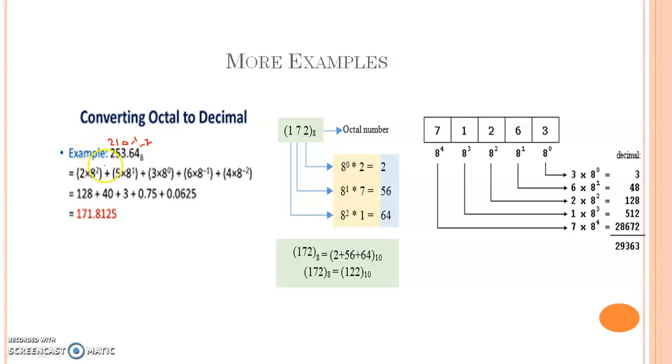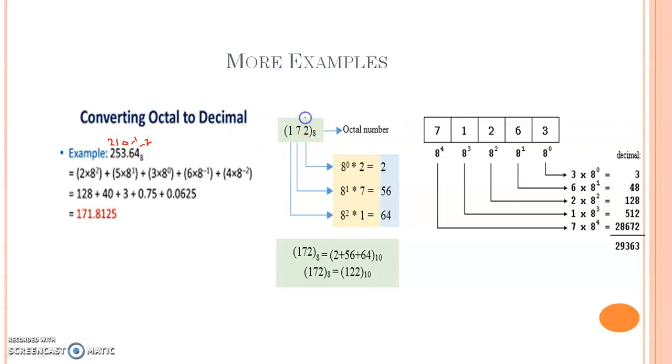You have to multiply 2 into 8 raised to 2 plus 5 into 8 raised to 1 plus 3 into 8 raised to 0 plus 6 into 8 raised to minus 1 plus 4 into 8 raised to minus 2, which is equal to 171.8125 to the base 10. And what about the number 172 to the base 8?